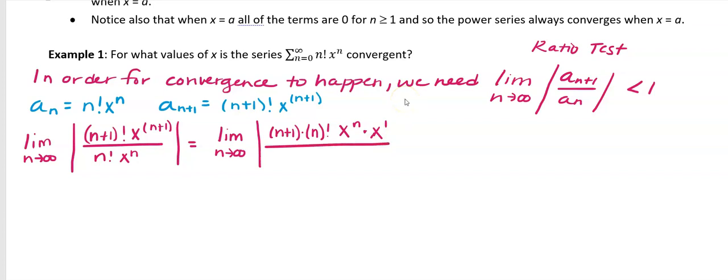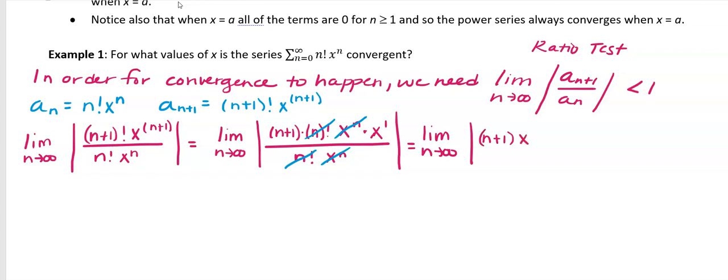In the denominator, nothing really simplifies, so I'm just going to go ahead and write that again. But because we were able to use some algebraic manipulation, we're able to cancel things in the numerator and the denominator. So this n factorial will cancel, and this x to the nth power will cancel. And now we're left with the limit as n approaches infinity of the absolute value of n plus 1 times x to the first, or just x.